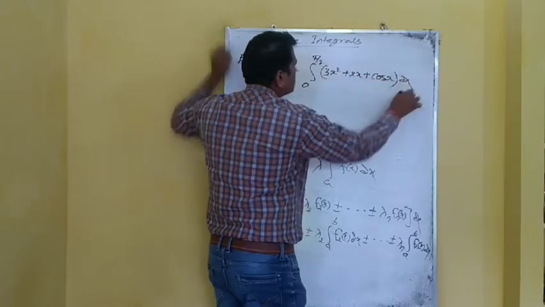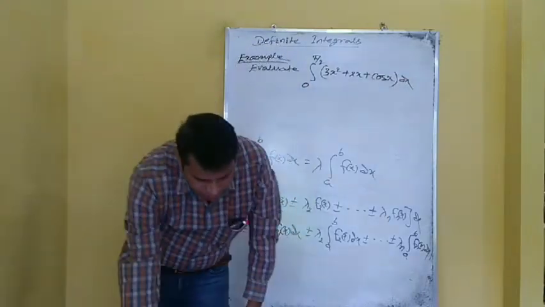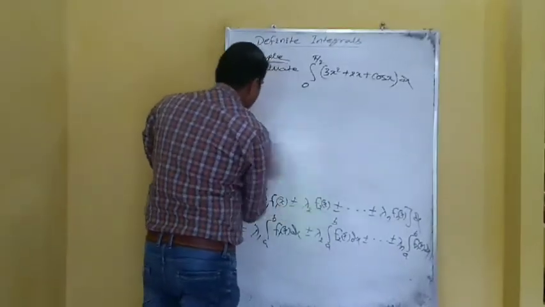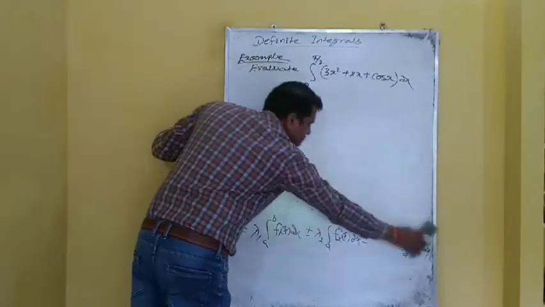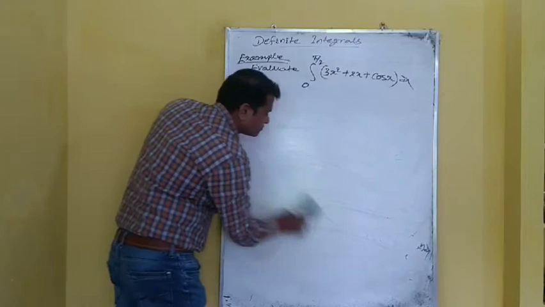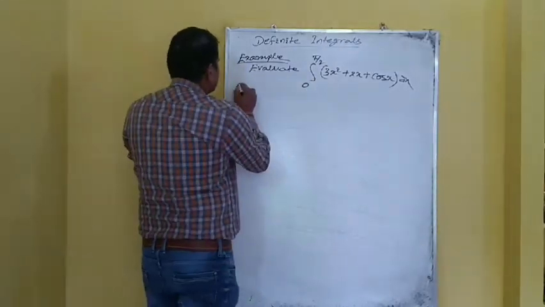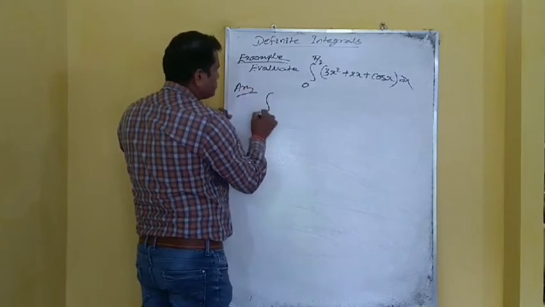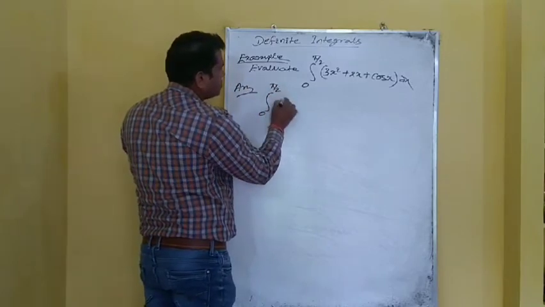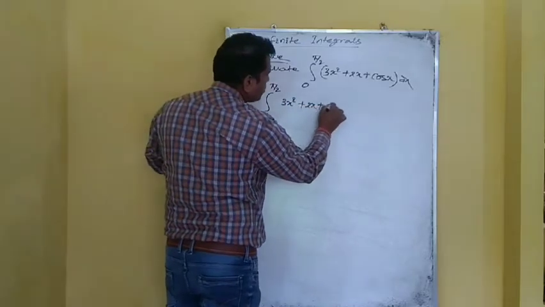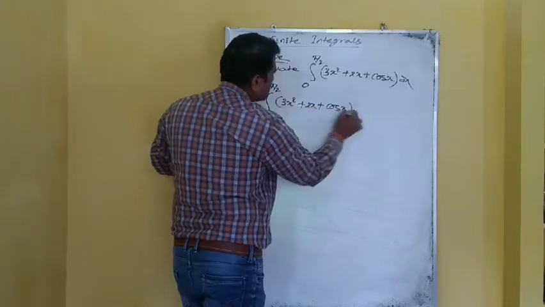Answer: the integral from 0 to pi by 2 of 3x square plus 2x plus cos x dx.